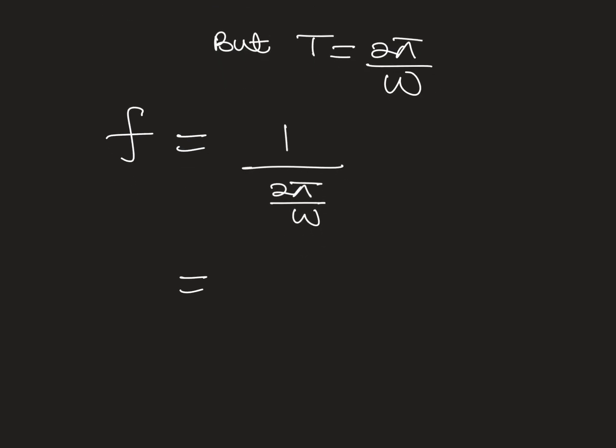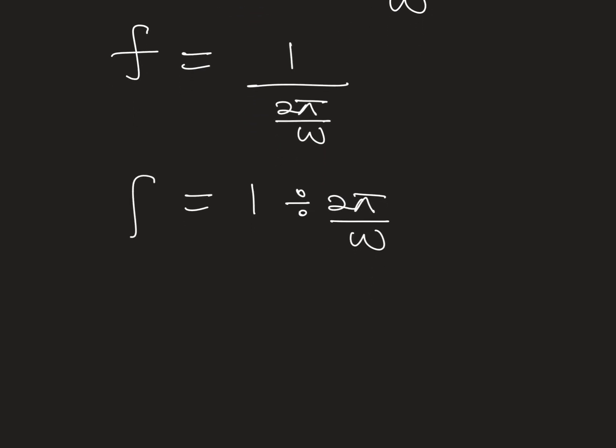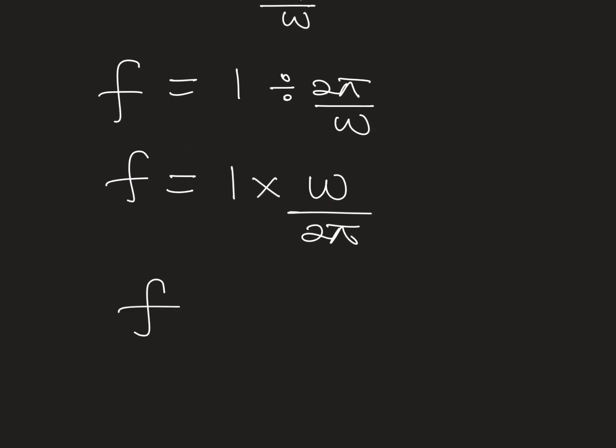So that is going to be 1 divided by 2 pi over omega, right? If I want to change the division to multiplication, that will be 1 times omega will go up, divided by 2 pi will come down. So that is how frequency is equal to omega divided by 2 pi.